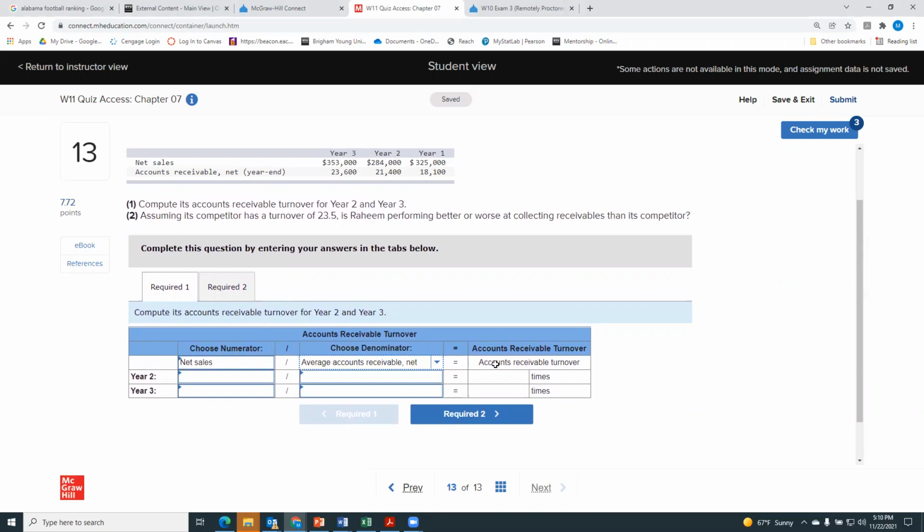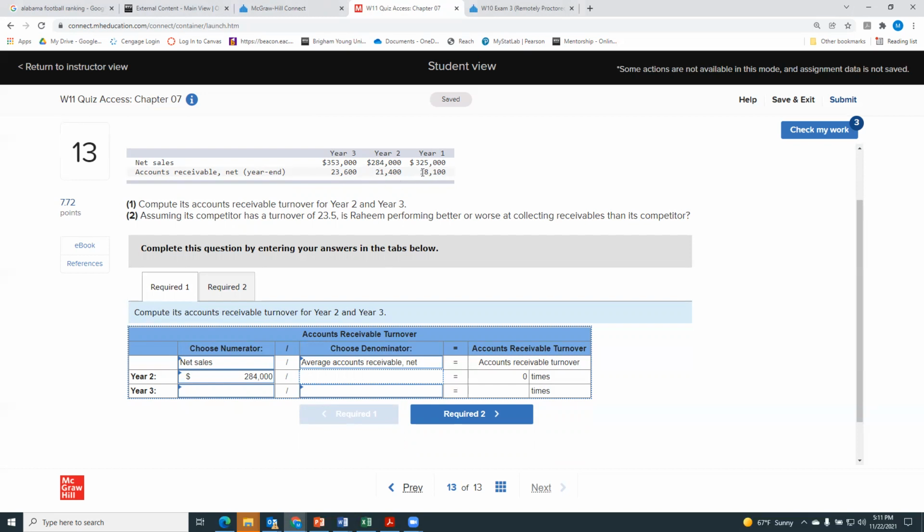All right. So for year 2, our net sales will be 284,000. And then our average accounts receivable are going to be the year 1 accounts receivable plus the year 2 accounts receivable divided by 2. If you think about it, the end of year 1 is the beginning of year 2.